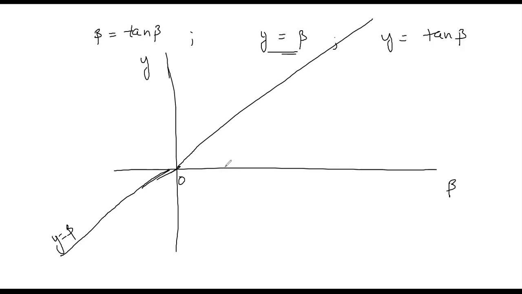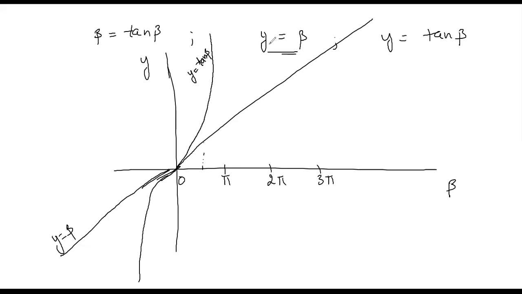This is 0, this is pi, this is 2 pi, this is 3 pi, and so on. We know that tangent pi by 2 is equal to infinity, and tangent 0 is equal to 0. So if pi by 2 is somewhere here, this would go to infinity, and from here this would come something like this. This is basically y is equal to tangent beta.